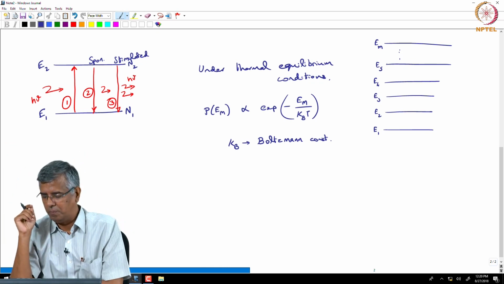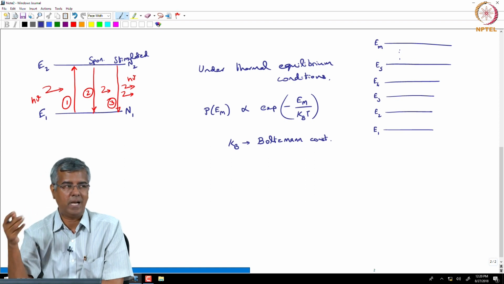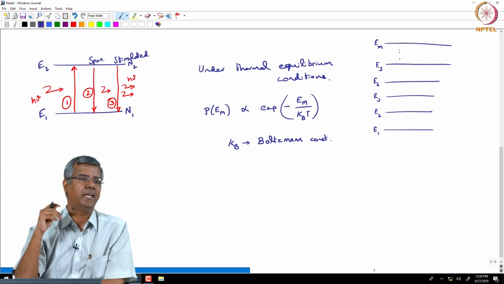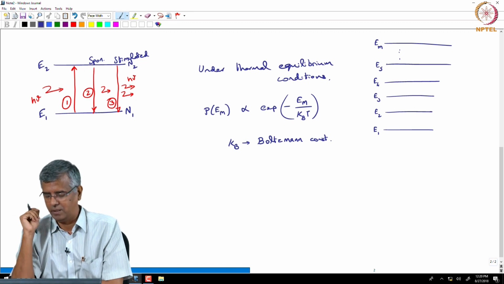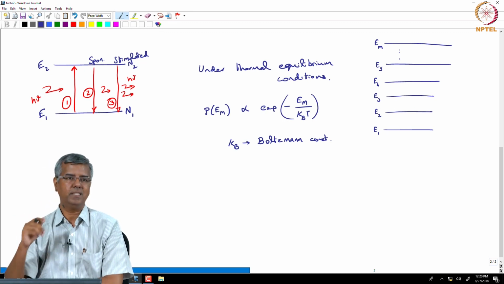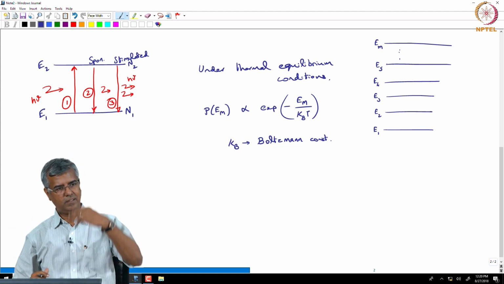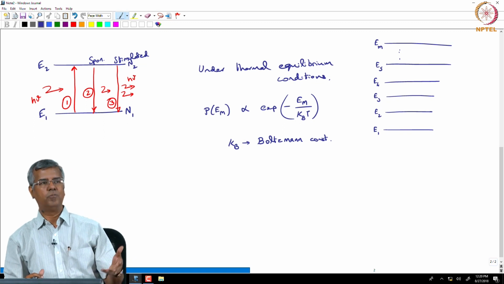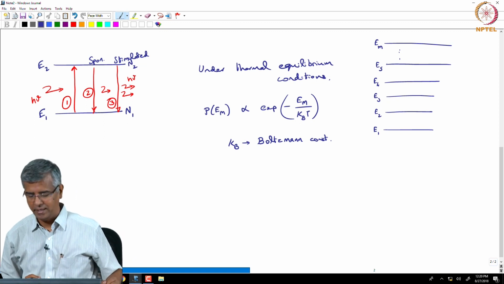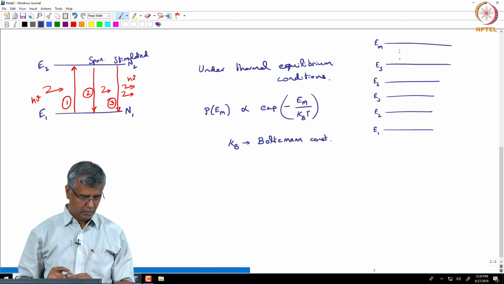But we are considering blackbody radiation where we are exciting this body or subjecting that body to high temperature, and in that case higher the temperature, higher the probability that you will find an electron at a higher energy level.